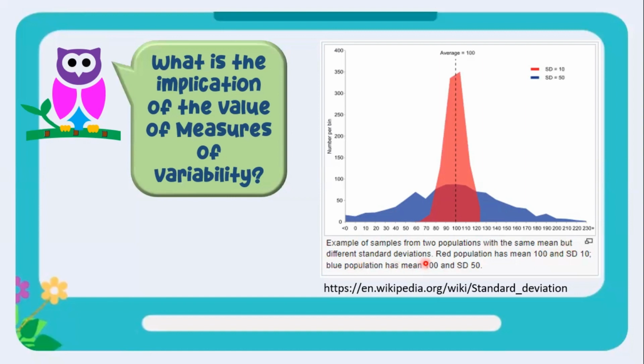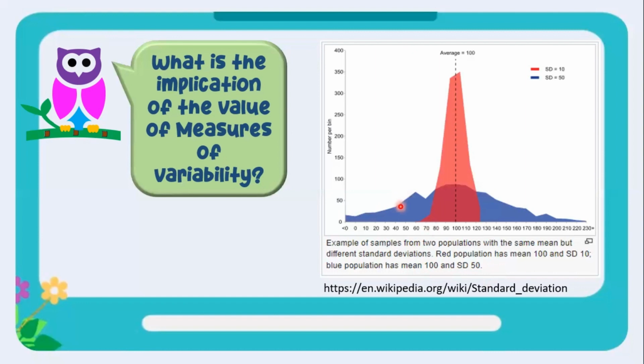So what does it mean by a smaller standard deviation? The red population has the mean value of 100 and SD, or standard deviation, of 10, and the blue population has mean 100 and SD of 50. As we look at the blue population, its standard deviation is 50.